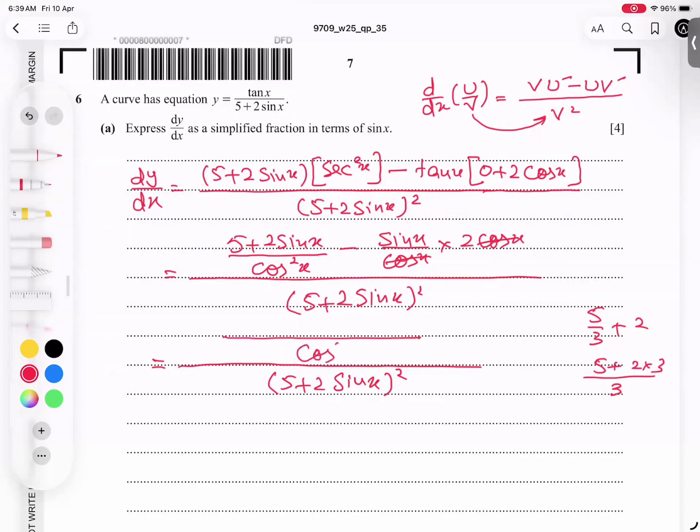If I take cos squared as LCM, 5 plus 2 sin x, I'm copying from the top the way I copied 5, minus. Now this cos squared is going to multiply with this 2, so 2 sin x times 2 cos squared x. So this point is clear.